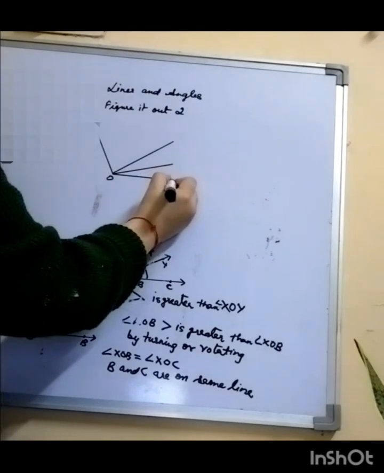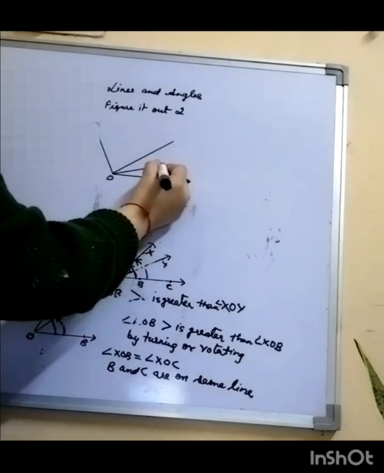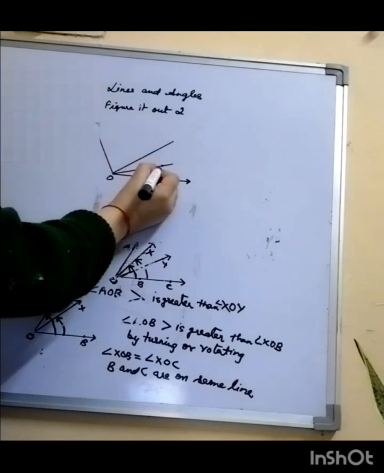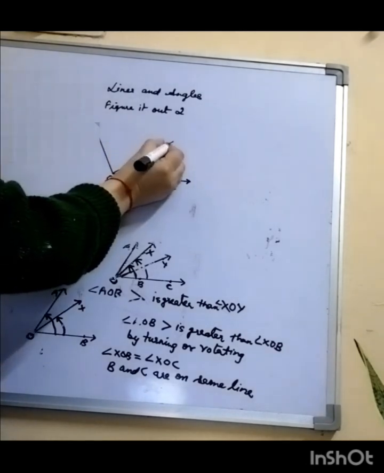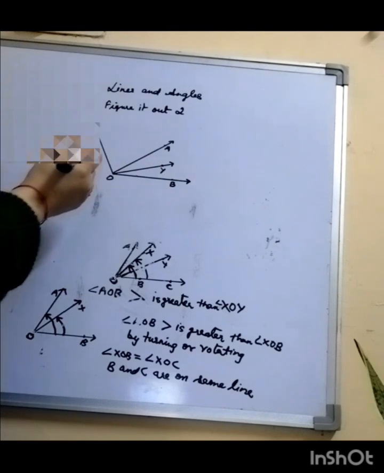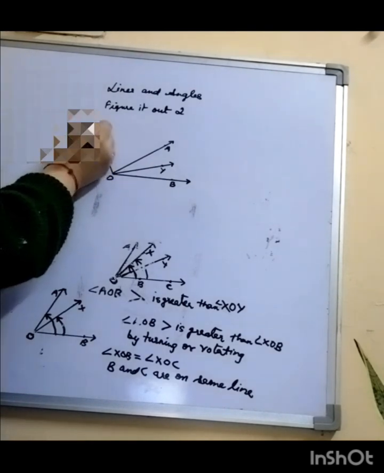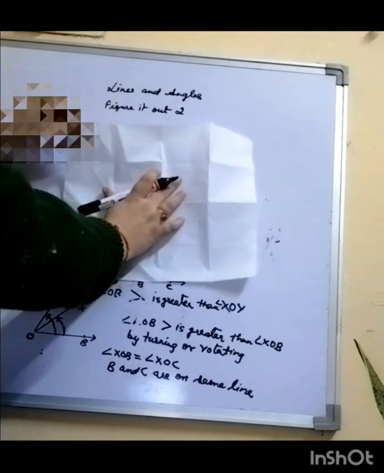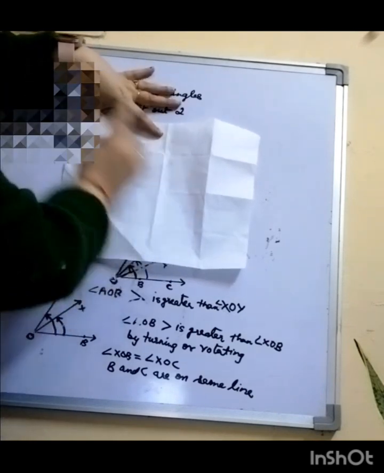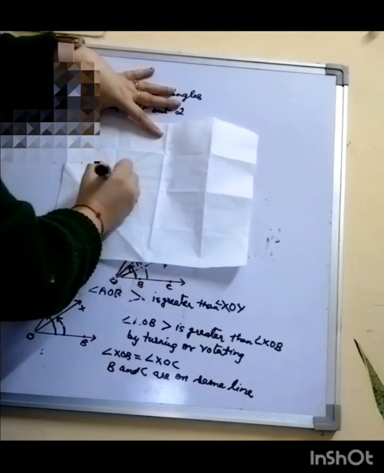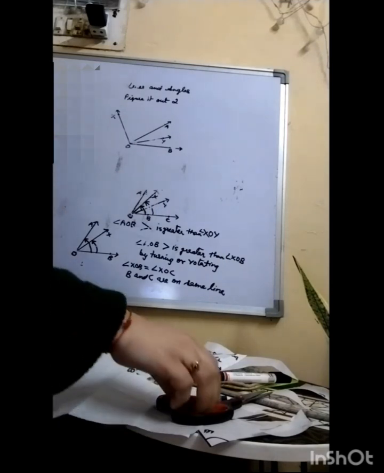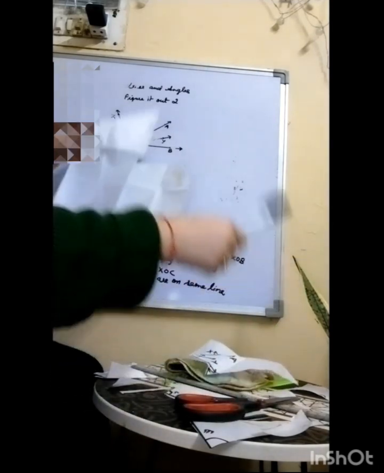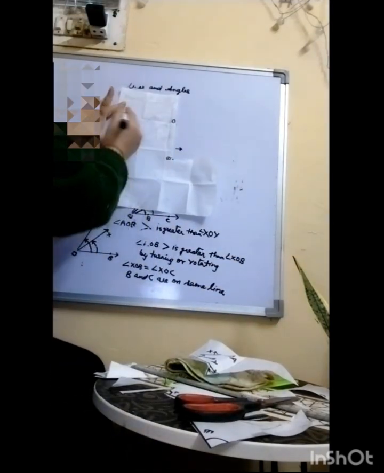So this is OB, OY, OA and OX. So this is my figure. Now we will trace this figure over the paper. So my points are here. This is how. So we have made the angles. Now we will make separate angles here.